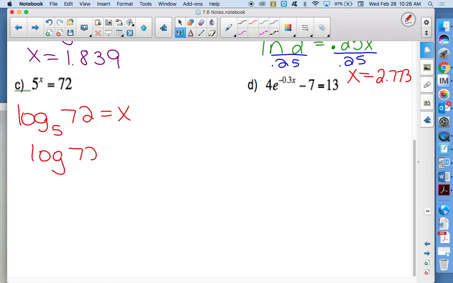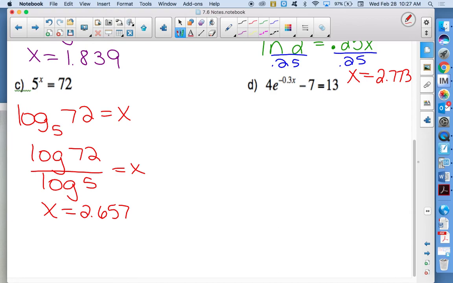Depending on your model, you're either taking the log of 72 divided by the log of 5, or you're just using that fancy button in your calculator. Grace, what do you have? x equals 2.657.